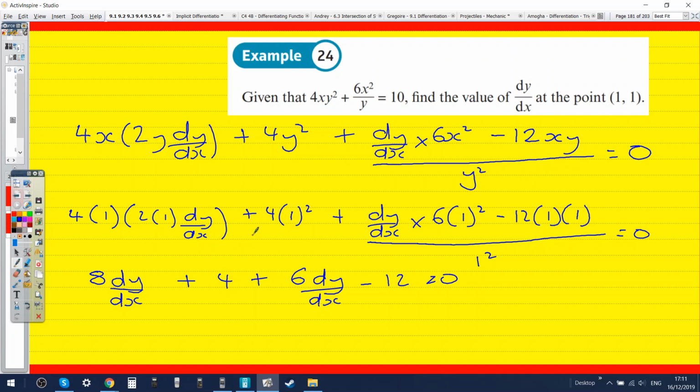So then you have 14 dy by dx is equal to 8. So dy by dx is equal to 8 over 14, which is equal to 4 over 7.